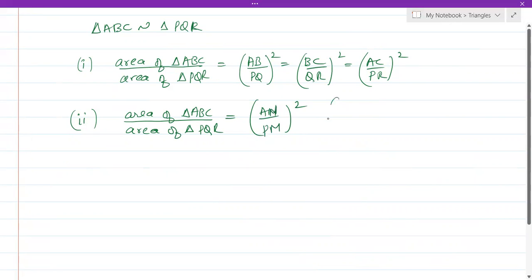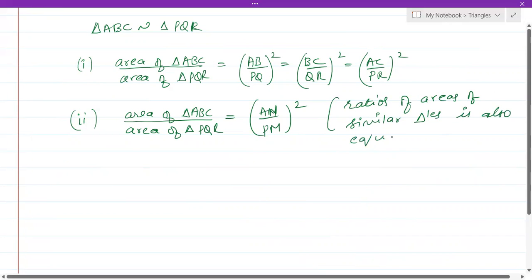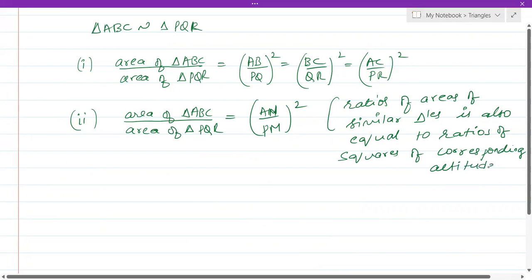Which means ratios of areas of similar triangles is also equal to ratios of squares of corresponding, instead of sides we can replace it by altitudes. Okay, this is another important result that we can tell.